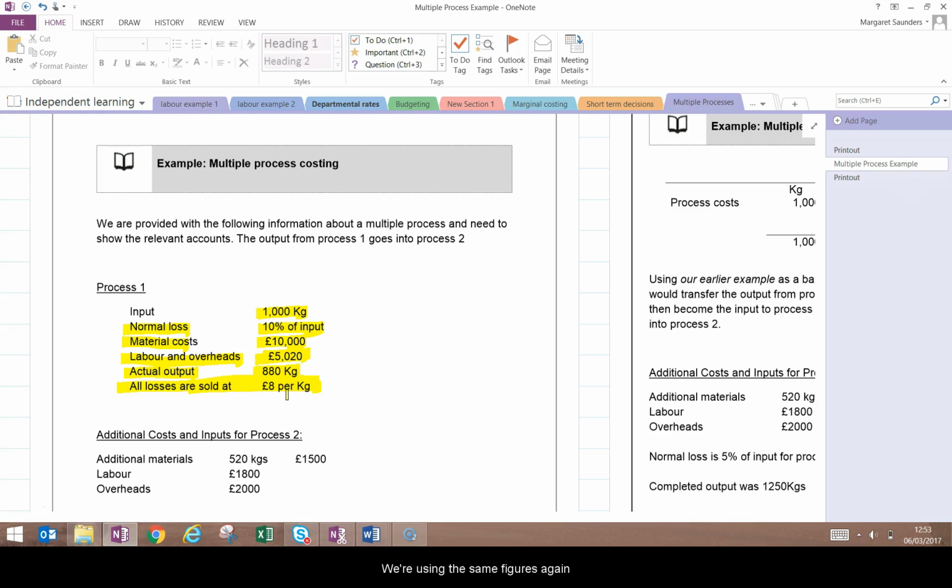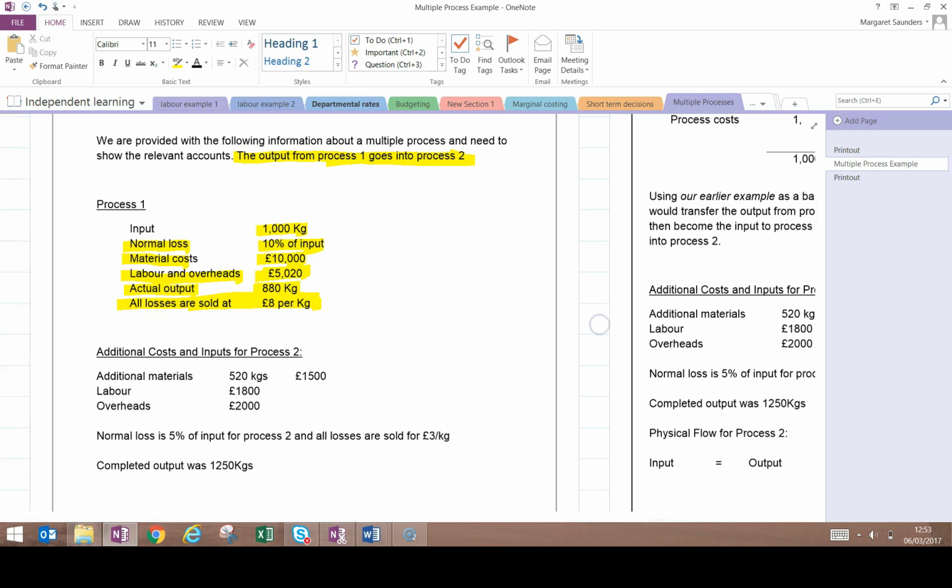We're using these same figures again, but now what we're saying is that our output from the first process is not complete. It goes into process 2. What then happens is we have some additional costs and input for process 2.